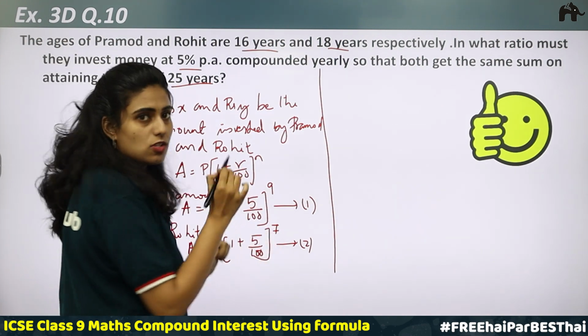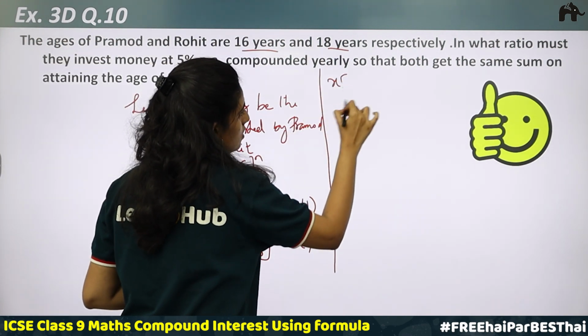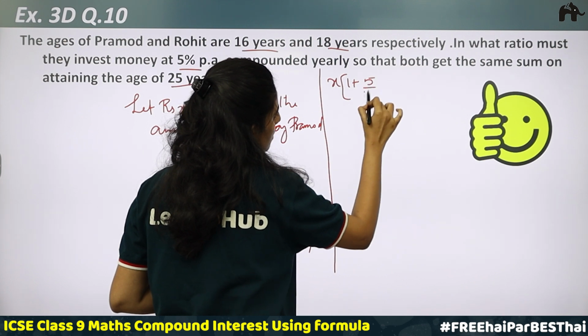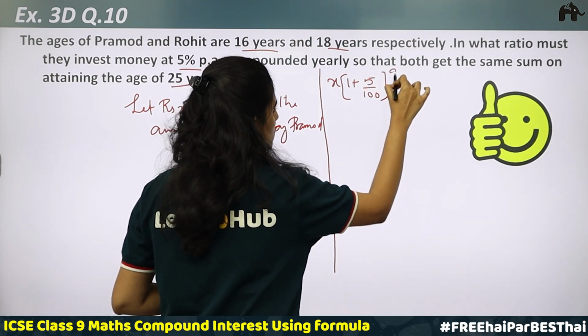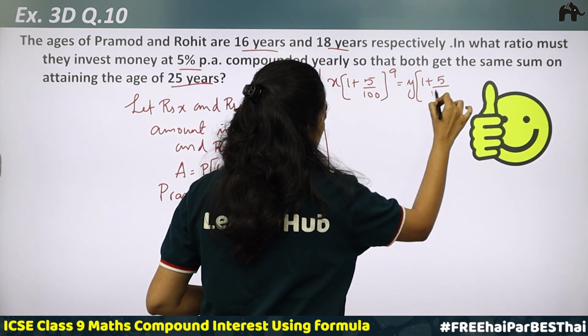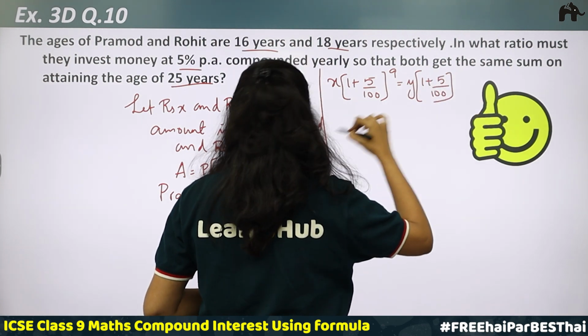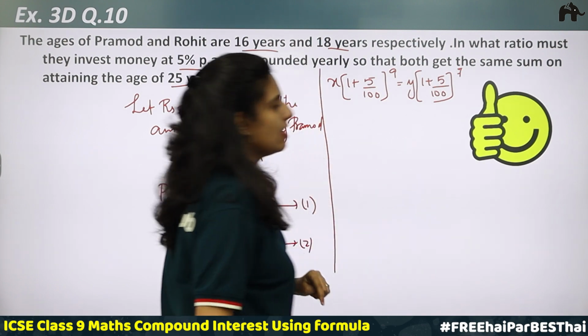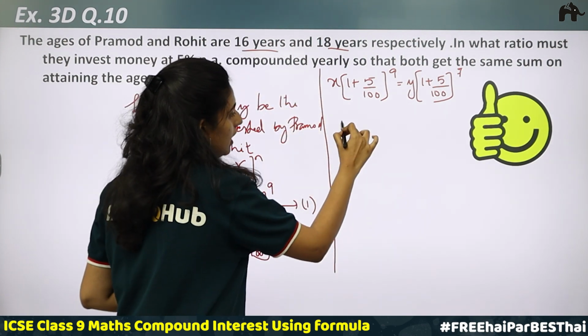Therefore, the RHS should also be the same, which means X into (1 plus 5 divided by 100) whole raised to 9 is equal to Y into (1 plus 5 divided by 100) whole raised to 7. Now we need the ratio.